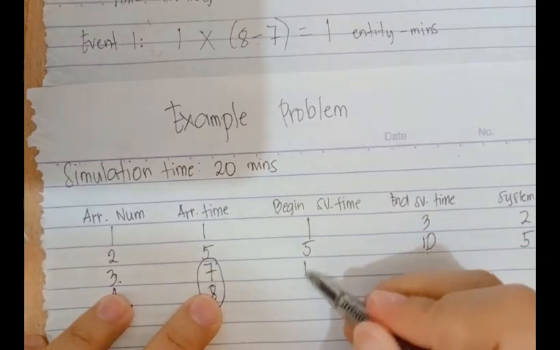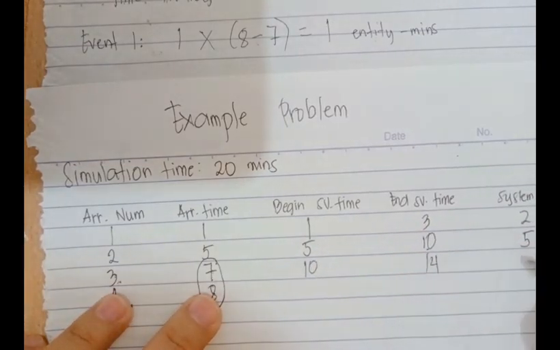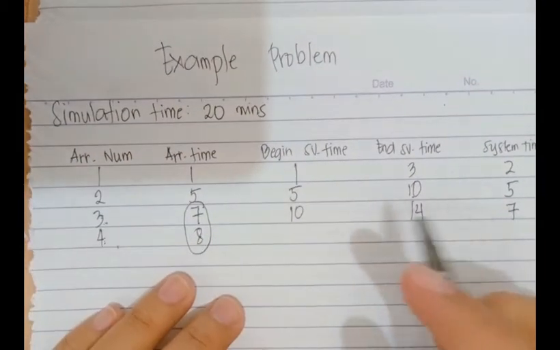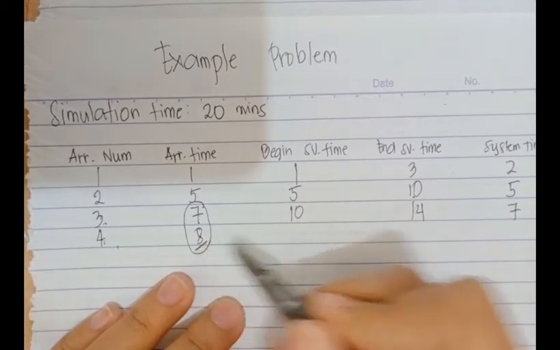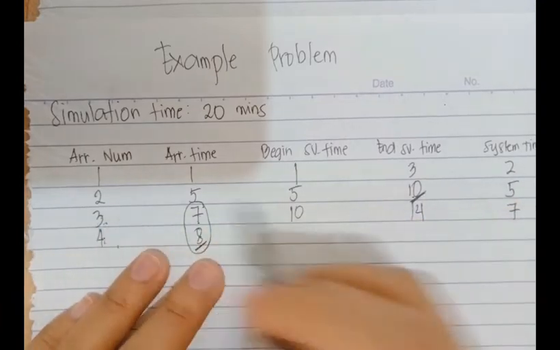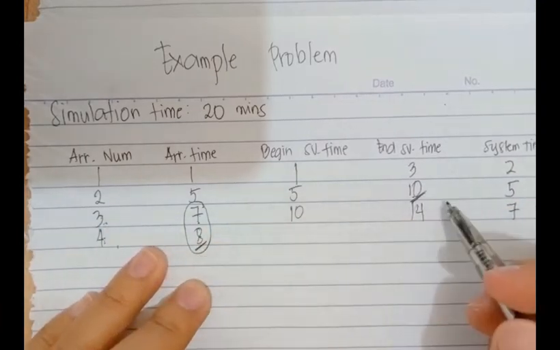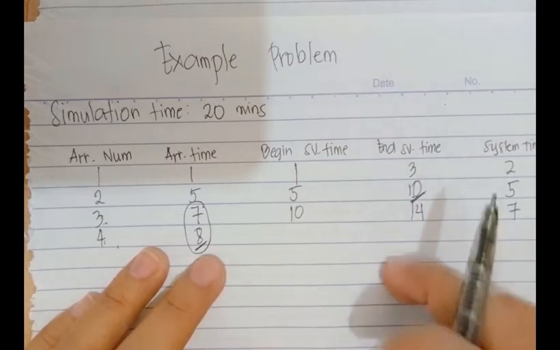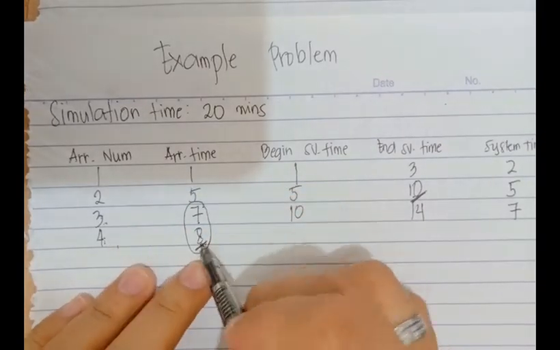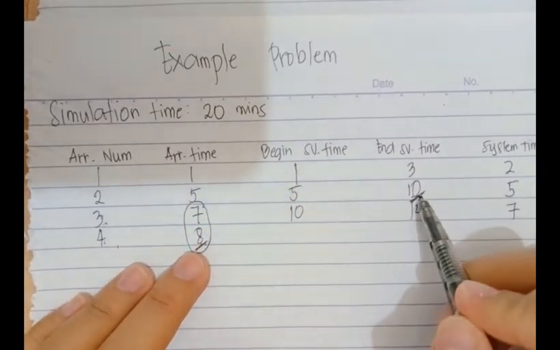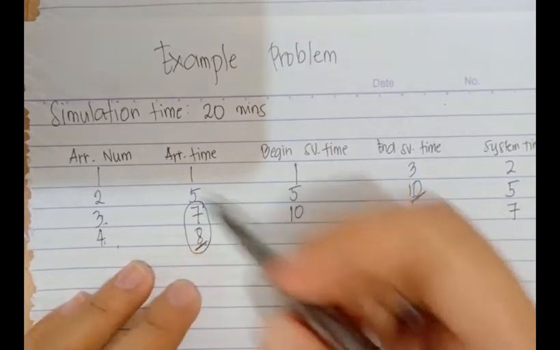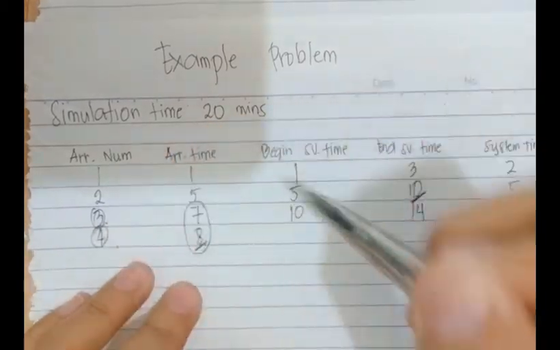Okay, so let me just write it down: 10, 14, 7. Now, from 8 minutes to the end service of entity 2, that is what we call another relevant event. We identify, from the arrival time of entity 4 until the end service time of entity 2, how many entities are in the queue. So we have 2, entity 3 and entity 4.